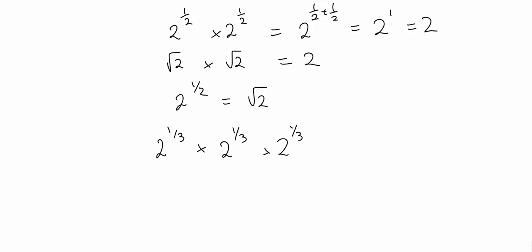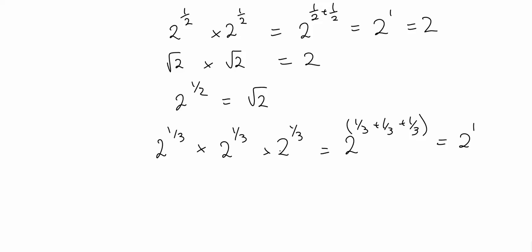Now consider 2 to the power of a third times 2 to the power of a third times 2 to the power of a third. Well, by the first rule again, that would be 2 to the power of a third plus a third plus a third, which is 2 to the power of 1.